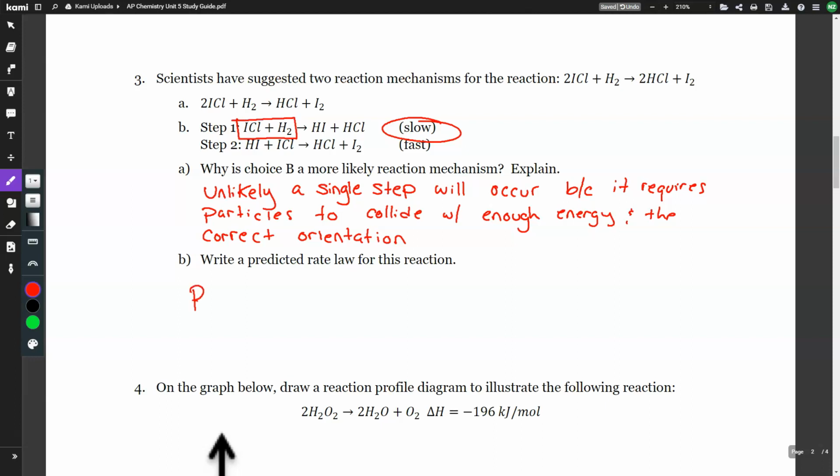So it's going to be rate equals K, and then it will be the concentration of our iodine and our chlorine here, and then our H2. That's it. There's no coefficients, so we don't need any exponents.